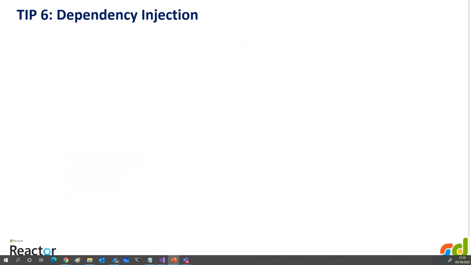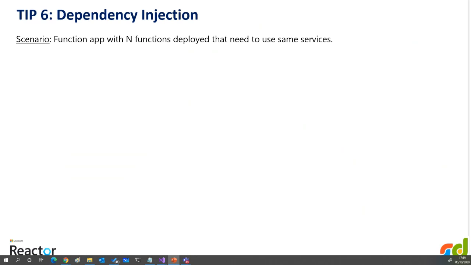Another tip that I also want to spend a bit of time showing is what is called dependency injection. One of the scenarios where dependency injection is extremely useful is when you have a function app with different functions inside it, and these functions need to use the same services.